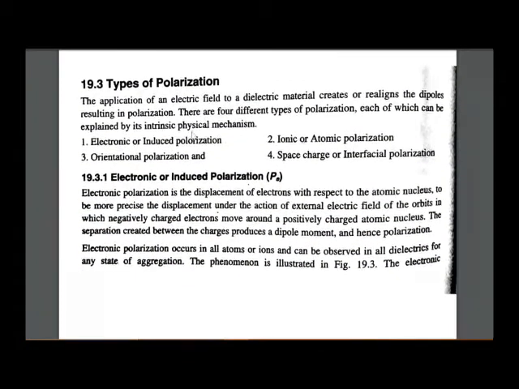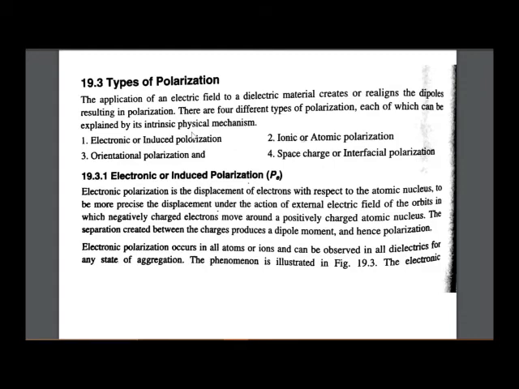Next, after discussing dielectric parameters, let us discuss what the types of polarization of the material are. The application of an electric field to a dielectric medium creates or realigns the dipoles, resulting in polarization.